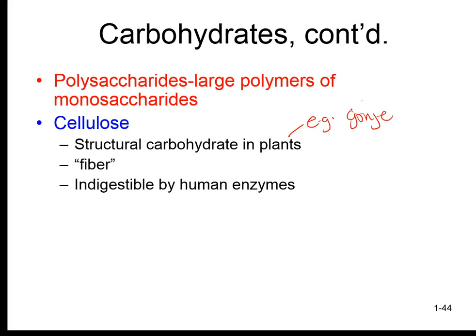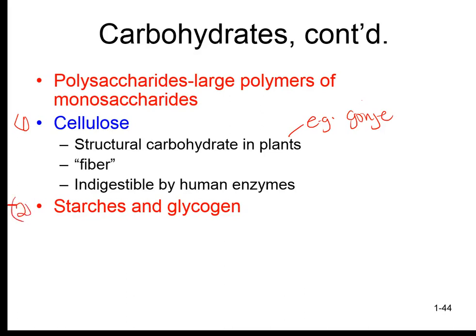Normally, fibers, you cannot digest them. That's a problem, so you need to be careful. They are indigestible by human enzymes. So take note of that. So this is polysaccharide number 1. How many polysaccharides do we have? We have cellulose.